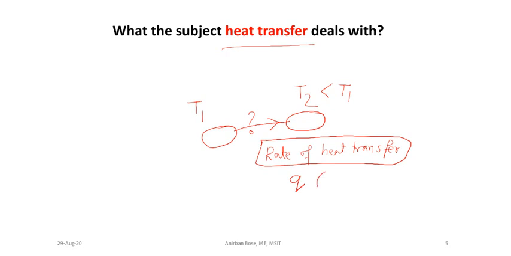So what is the unit of the rate of heat transfer? It's simply joule per second or watt. Okay, so watt is basically the unit of the rate of heat transfer, and the symbol for the heat, the total amount of energy, if that is in joule, then that is basically Q, and this q dot, this particular quantity, is what is called the rate of heat transfer.